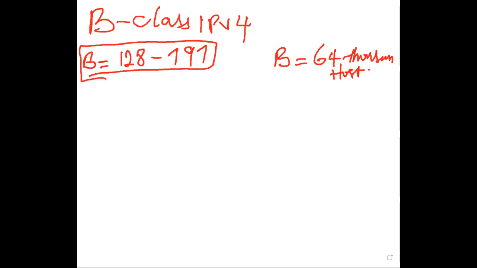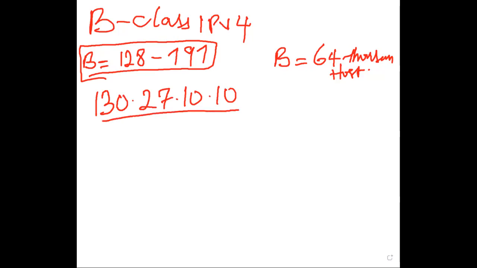An example of a class B IP address is 130.227.10.10. This is an example of a class B IP version 4 address.